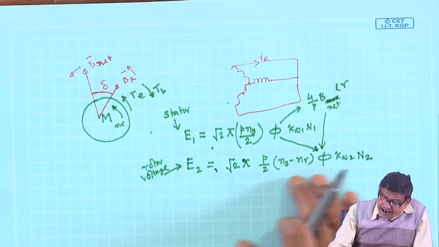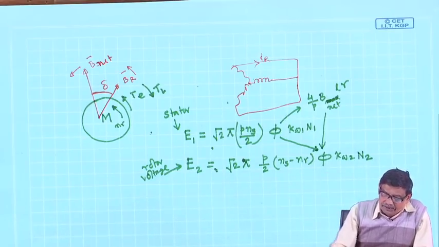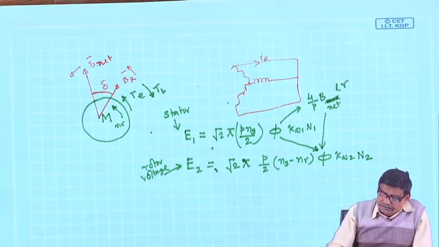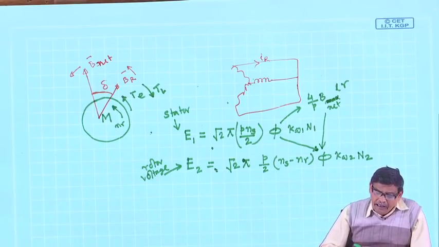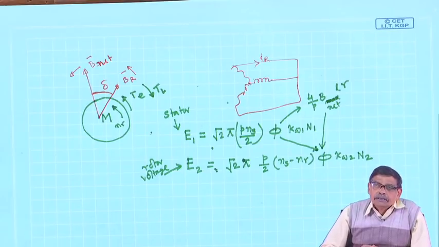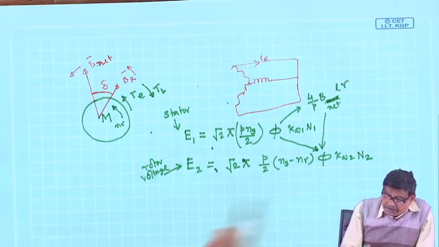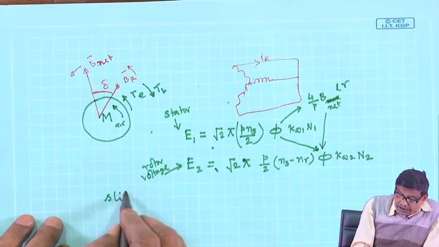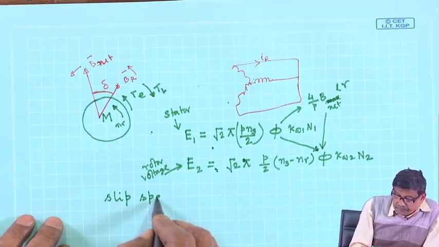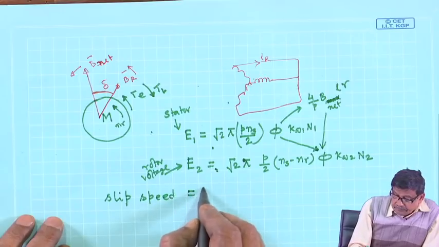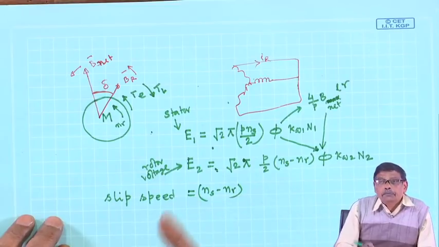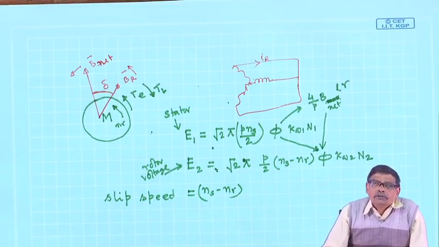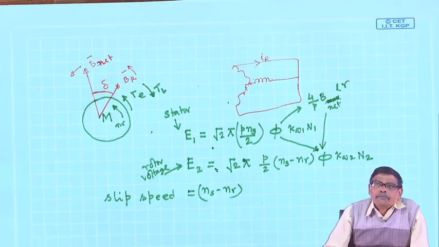Acha, here at this point I will do one simplification to this term. We have seen that in the induction motor this relative speed, which is called slip speed, is going to play a crucial role in deciding the performance of the motor.